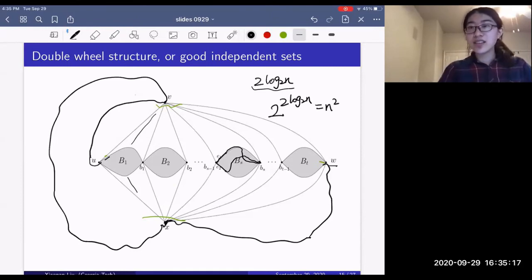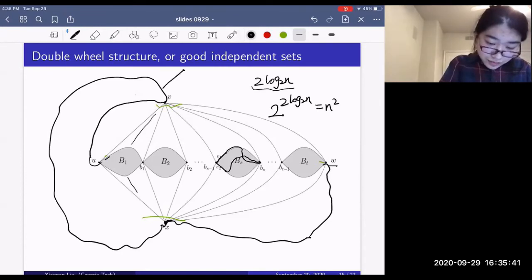But if not, that means that we have a lot of blocks that are just one edge. So we can have consecutive blocks that are just one edge. So this means that we have a lot of vertices of degree 4.